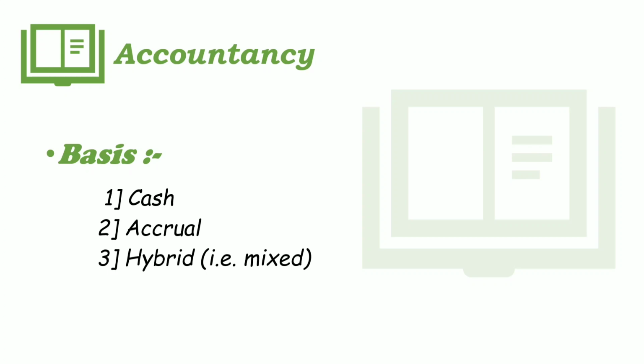When I mix more than one basis of accountancy, that is called the hybrid method of accountancy. Whenever required, I use the cash basis, otherwise all transactions are recorded on the accrual basis. So these are my three bases of accountancy.